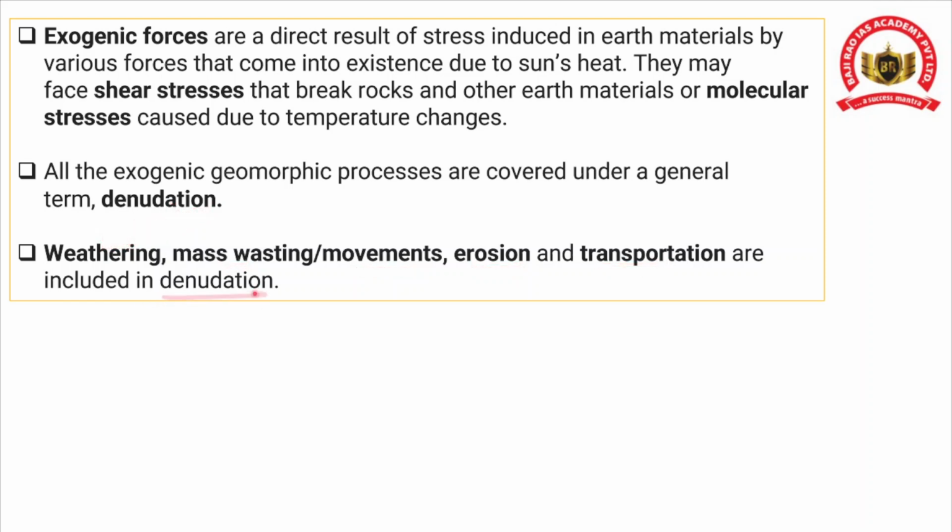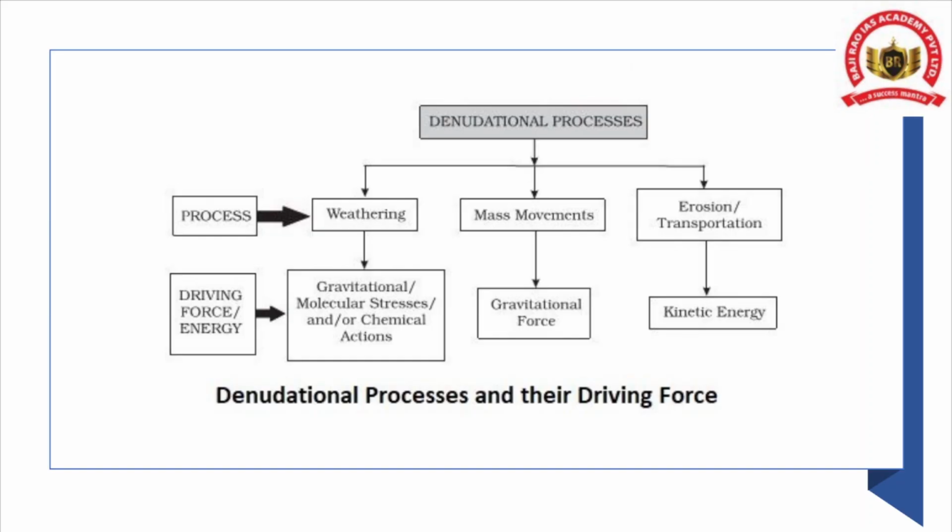Now, what are the denudational processes? Initially the denudation process involves weathering. Weathering means the formation of soil: from the parent rock the soil forms, and this process is called weathering.